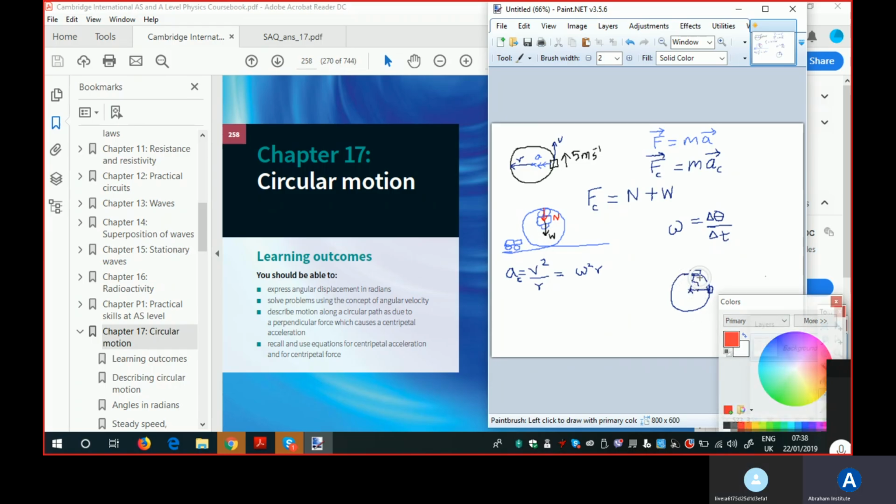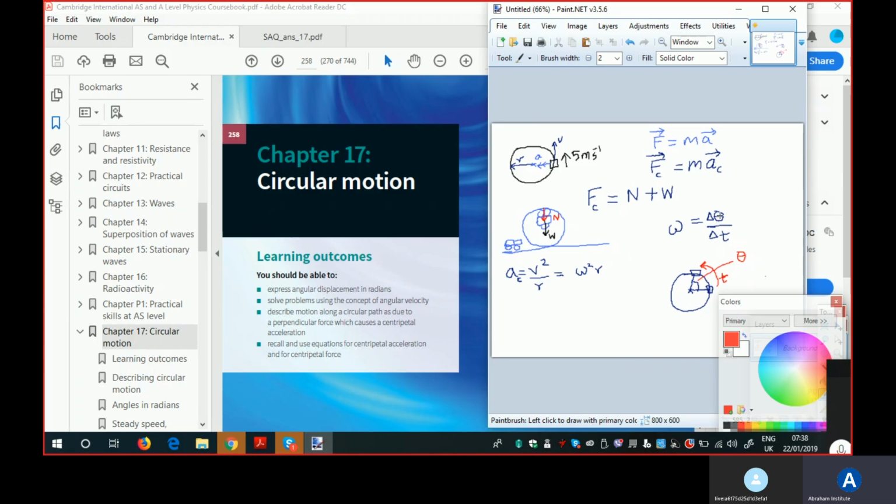So I label this angle here, that is theta, and it took a time t to go from here to here. So the time taken is t.